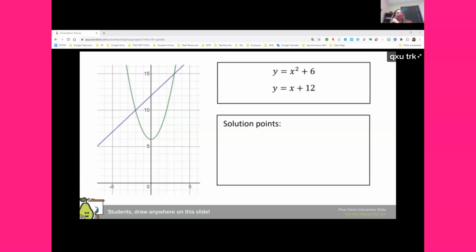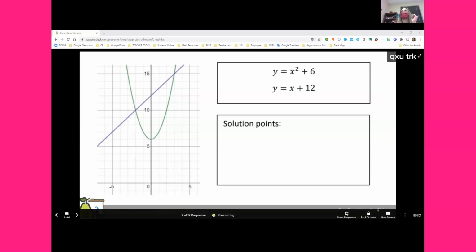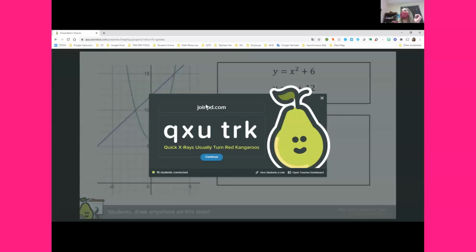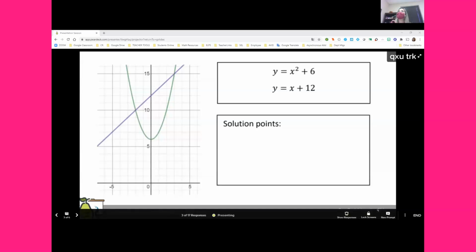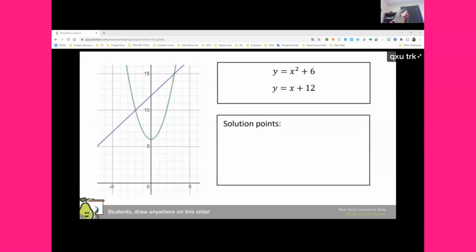The Desmos. Tiene que ir a Join PD. Ahí está. joinpd.com. So type in your answer when you're ready. 2 solutions, and then type in what the solutions are.